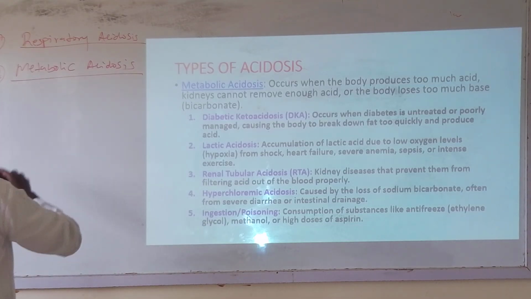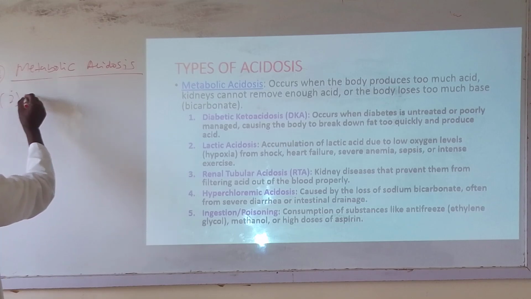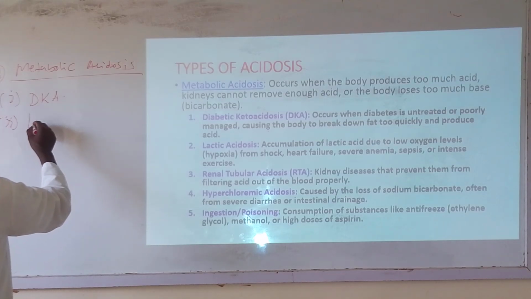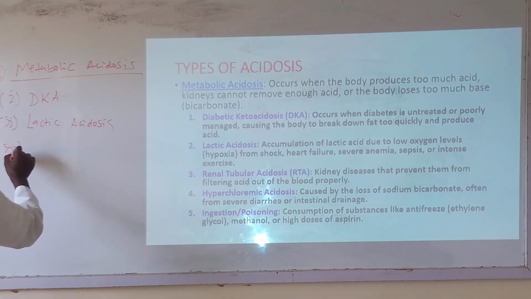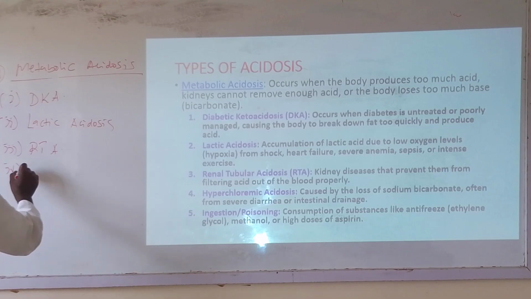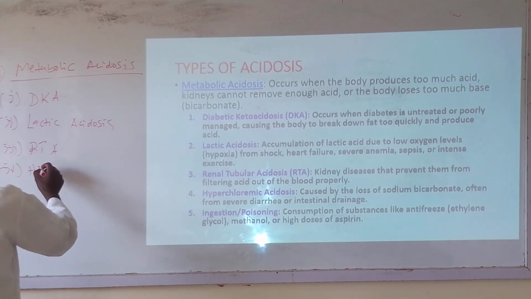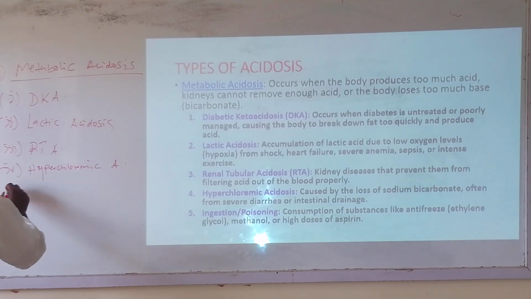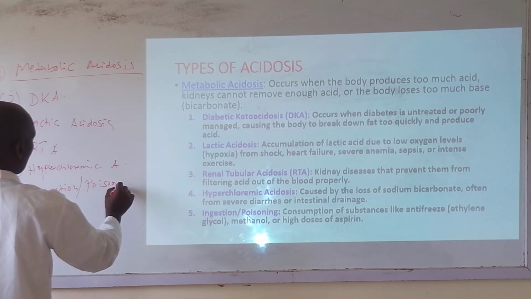If we start with metabolic acidosis, the subtypes can be DKA, and then lactic acidosis, and then renal tubular acidosis. We can also have hyperchloremic acidosis. Then lastly, we can have ingestion or poisoning acidosis.